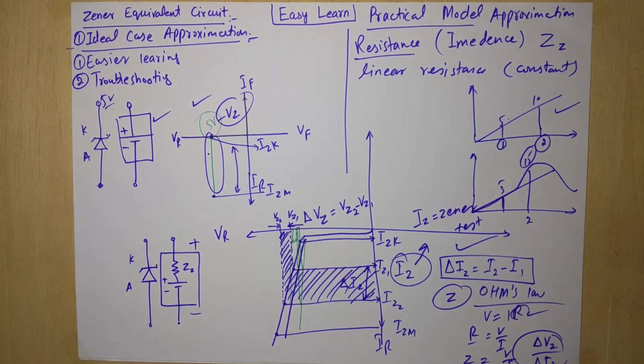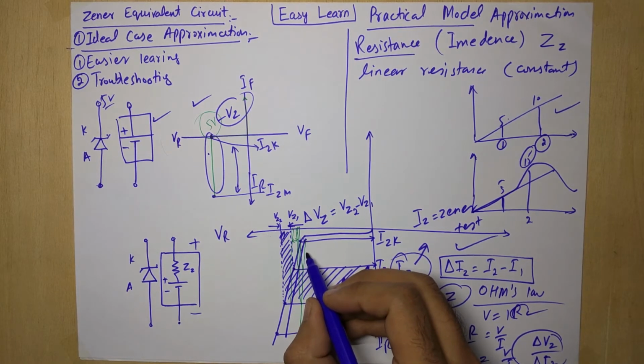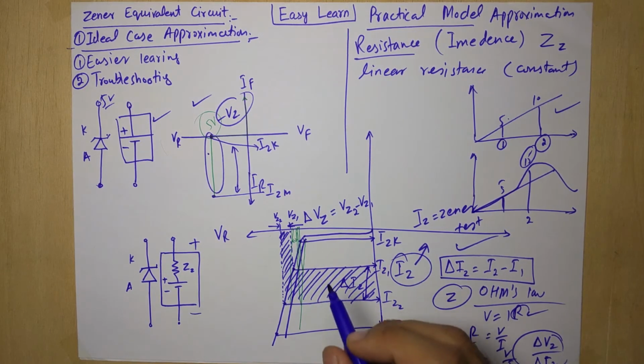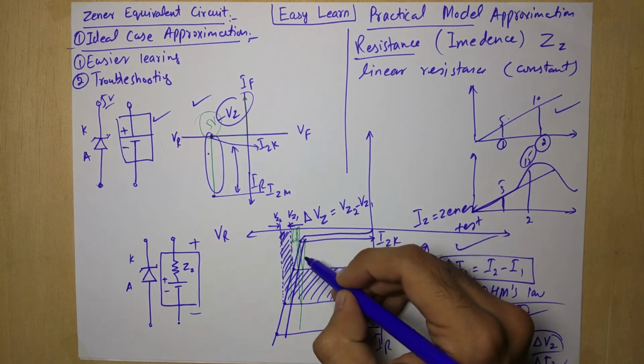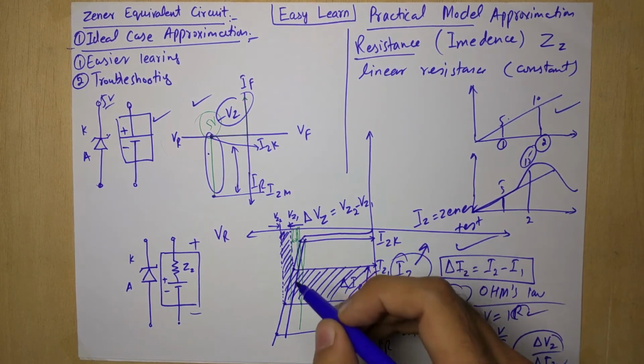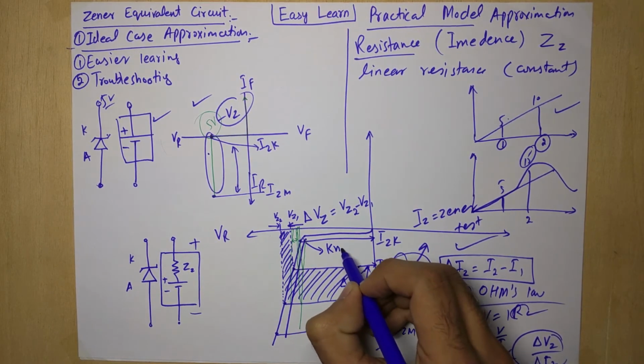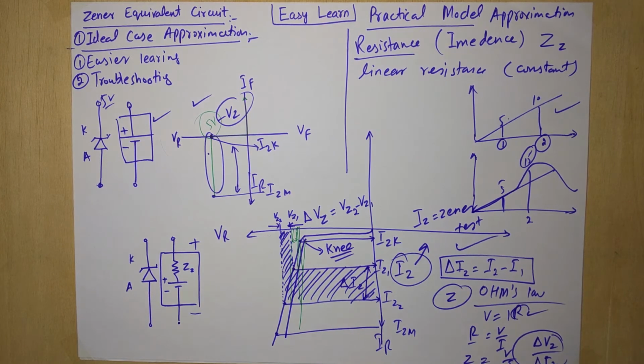But it is best to avoid operating a Zener diode near the knee, because the impedance changes dramatically in that area.